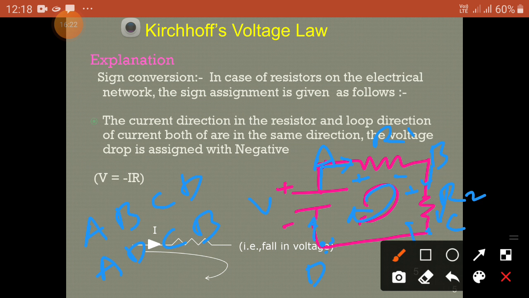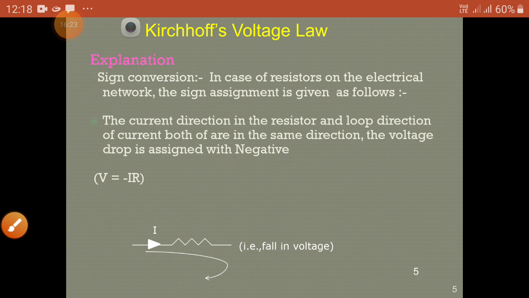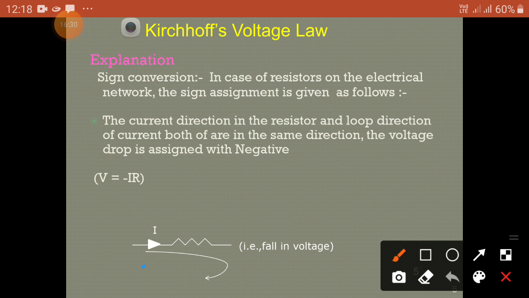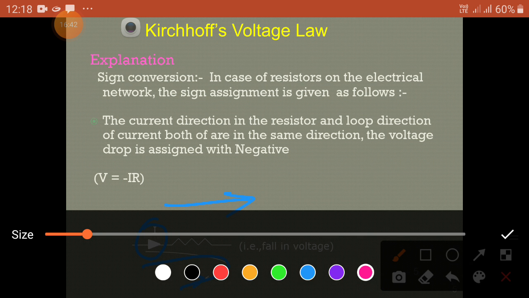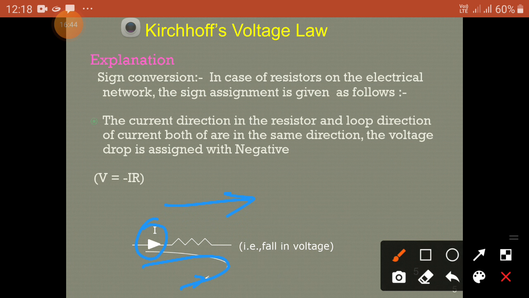Now in this case, what we are going to assume here is a loop current. Here you can see this is a loop current. This current is flowing in this direction, and at the same time the current in the resistor is also flowing in the same direction.